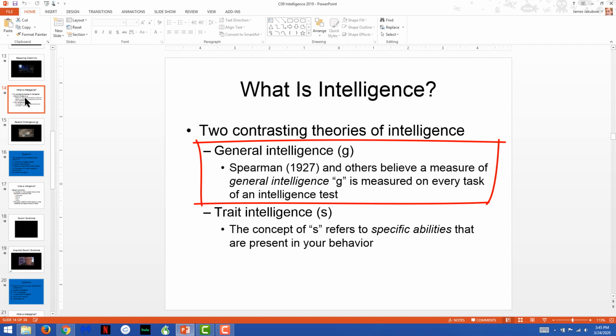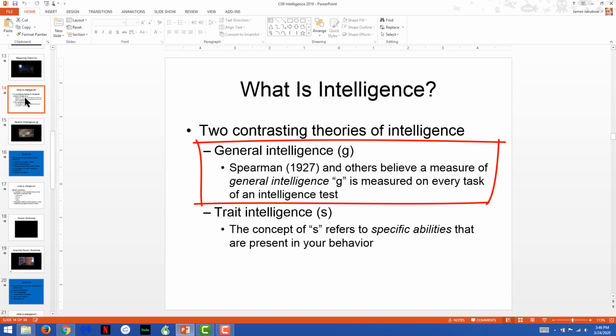Now, keep this in mind. This is 11 years after the beginning of the first intelligence test. So this is a very early point in the research on intelligence, after which there was a formal intelligence test, that being the Stanford-Binet. Now, the idea of general intelligence came from statistical evaluations of the results from intelligence research back at that time, which showed that there were a subset of questions on an intelligence test that tended to cluster together.